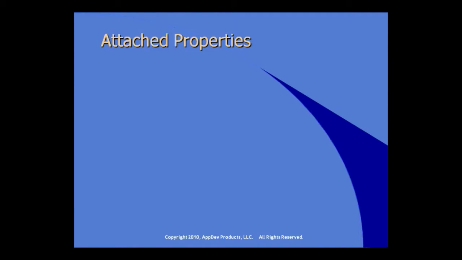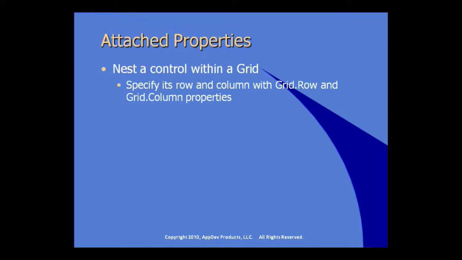There's a third way to use properties in XAML, and that is an attached property. If you nest a control within a grid, you specify its row and column using the grid.row and grid.column properties. Where do these properties come from? If you place a text box within a grid cell, the text box has a grid.row and grid.column property, but the text box didn't supply those properties.